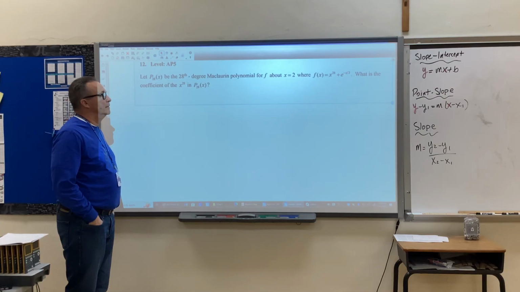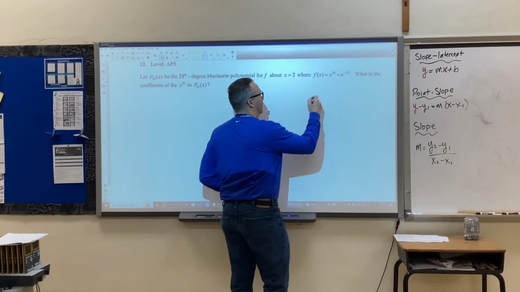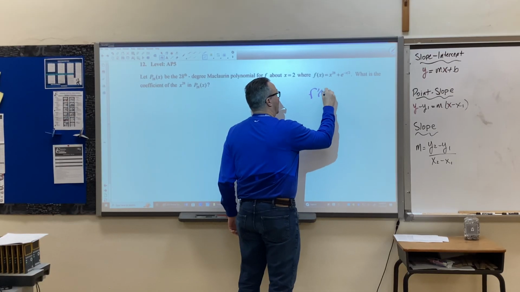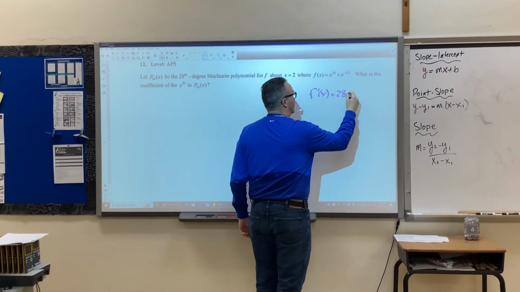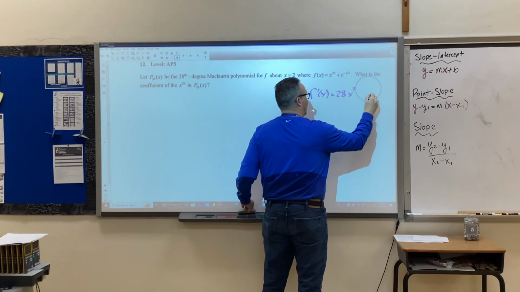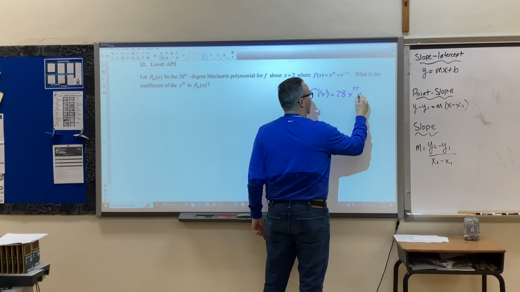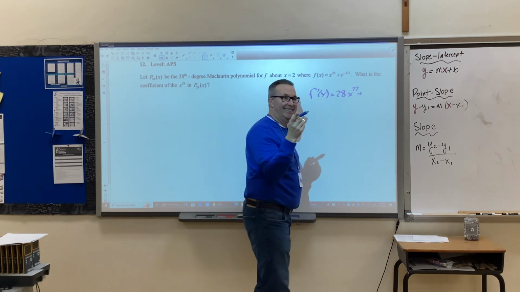No way. Well, it's not that hard to figure out. Like f prime of x is 28x to the 27. So the coefficient would be 28 factorial. Yeah, it'd be 28 factorial.